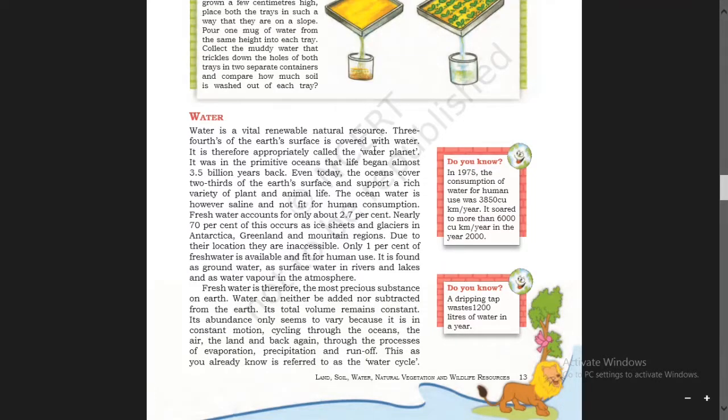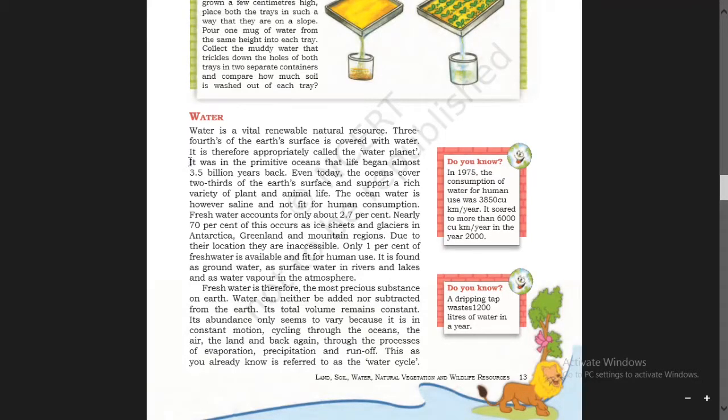Out of the total surface of the Earth, three-fourths is covered with water. It is therefore appropriately called the water planet, and that is why our Earth is called the water planet.